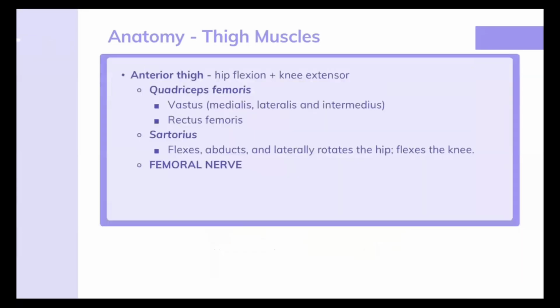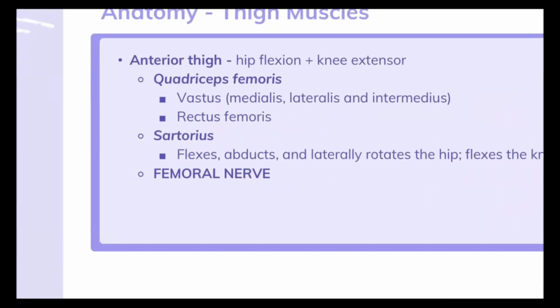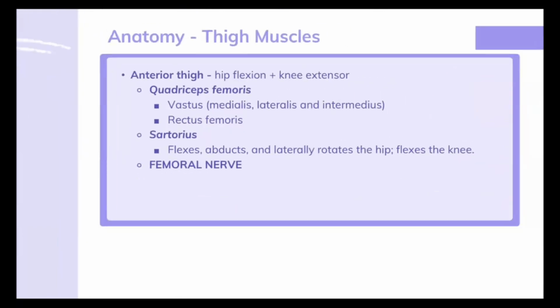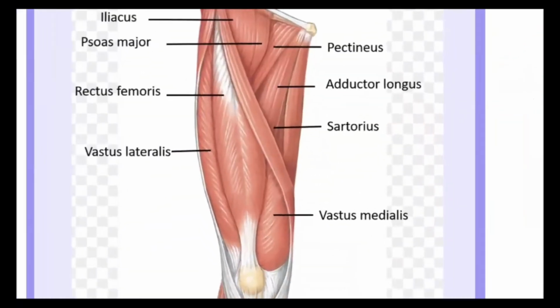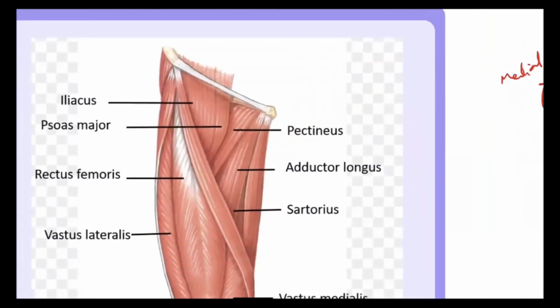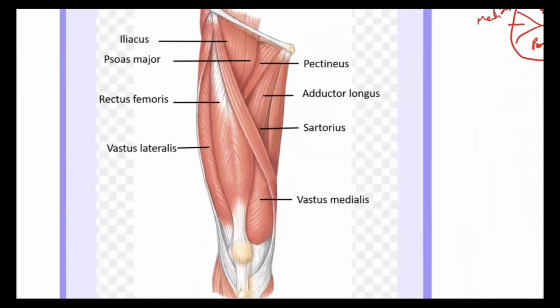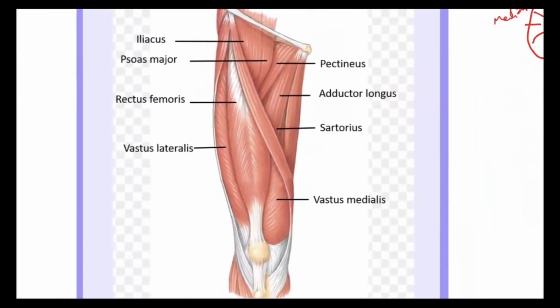We'll go one by one. Again, anterior thigh is hip flexion and knee extension. First we'll have the quadriceps femoris and the sartorius. Quadriceps femoris, as the name suggests, is made of 4 muscles. You have the sartorius, which is this long sling-like muscle. It starts laterally and moves to the medial end.